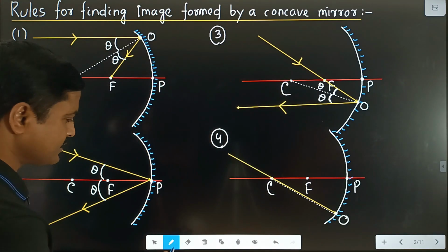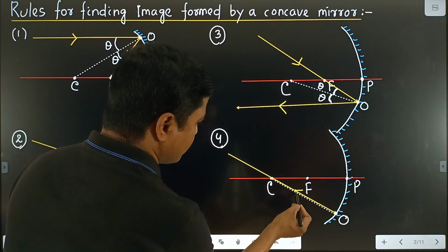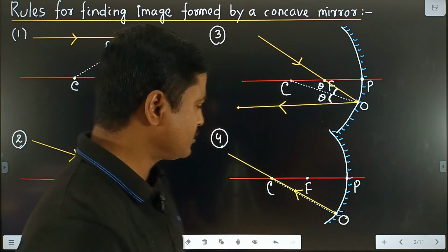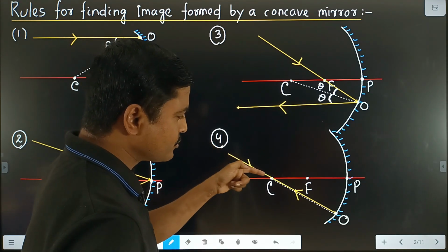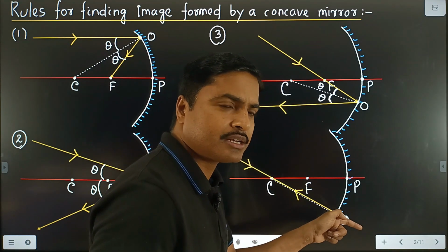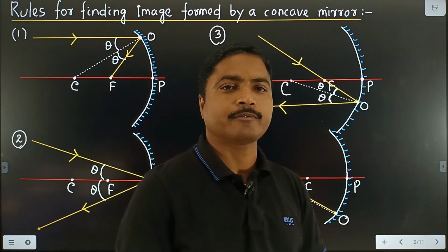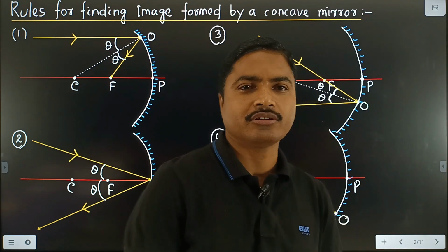If the angle of incidence is 0, then what happens? The ray returns back in the same path, but the direction is opposite. The incident ray passes through the center of curvature, and after reflection the reflected ray also passes through the center of curvature, because the angle of incidence is 0 and the angle of reflection is also 0.